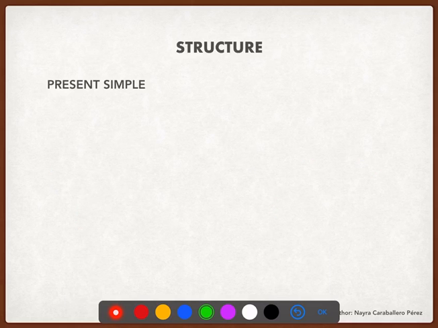And remember the structure, which is also very important. In the affirmative form, we use the verb, and when the subject is a third person singular, it means he, she, or it, we write the verb with s or es, depending on the ending of the word.